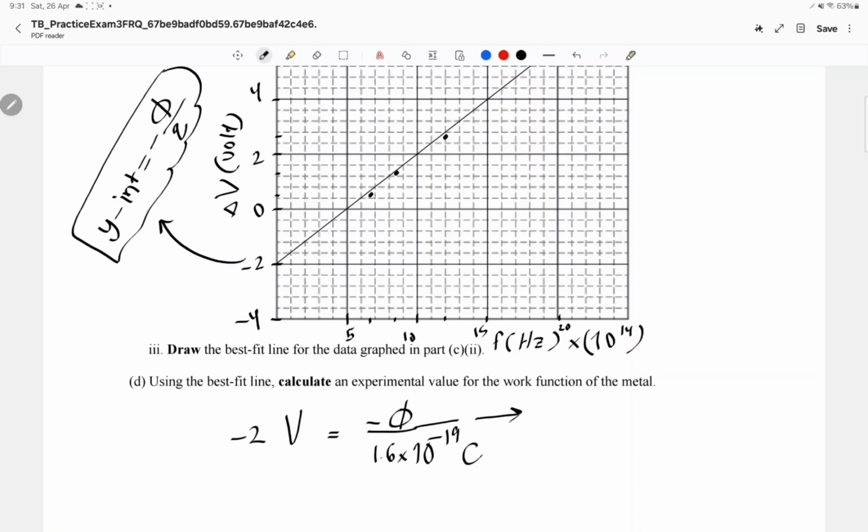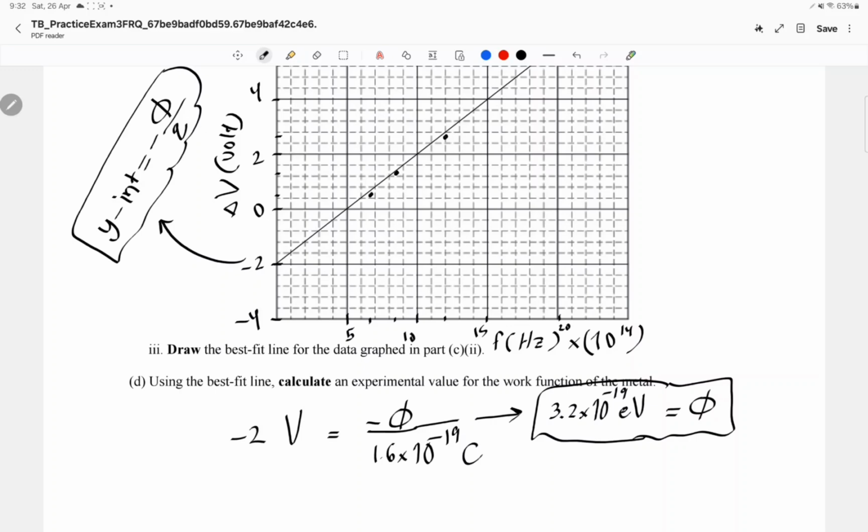If you multiply voltage by coulomb, you get eV, electron volt. So -3.2, positive, yeah. That's going to be the work function.